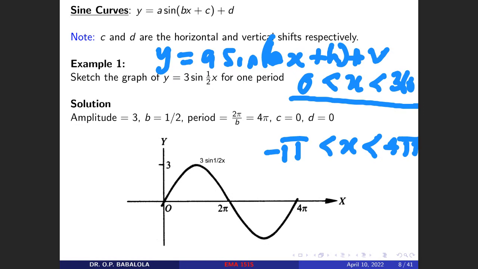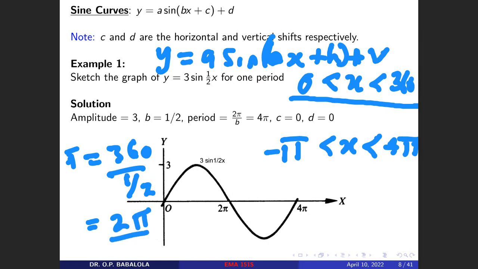So to find our period, like we did before, our period T is equal to, let's say, 360 divided by B, divided by half. Or you represent it in pi, 2 pi over half, and that will be 4 pi.